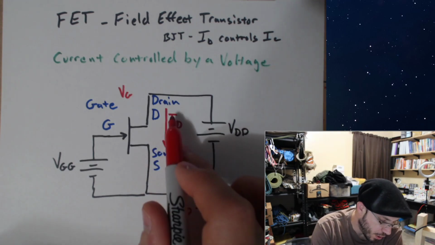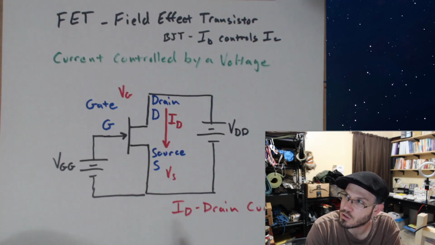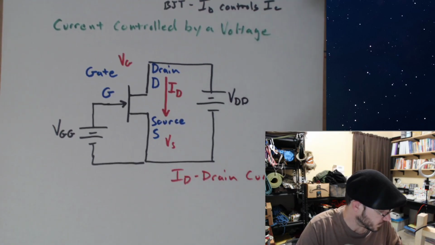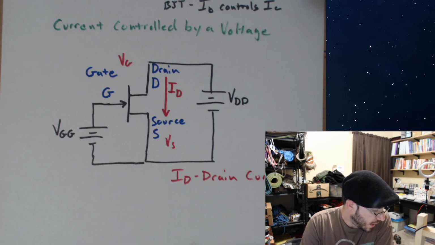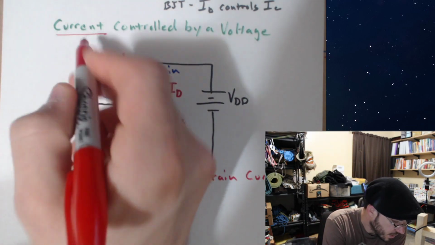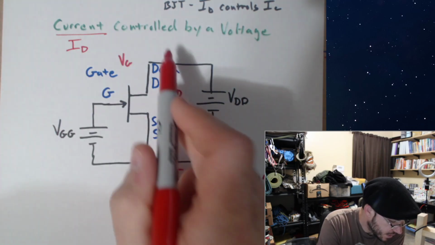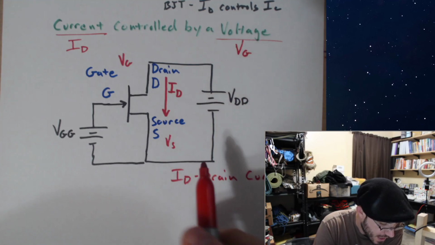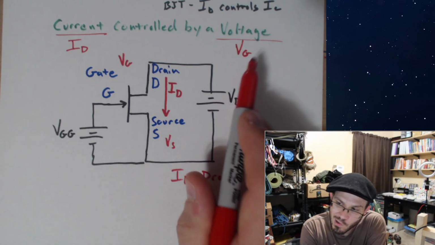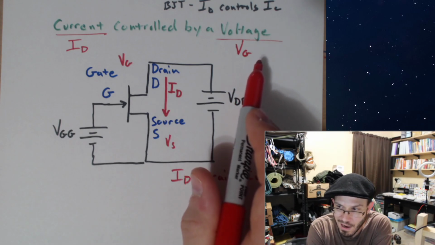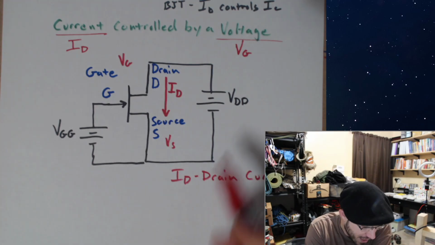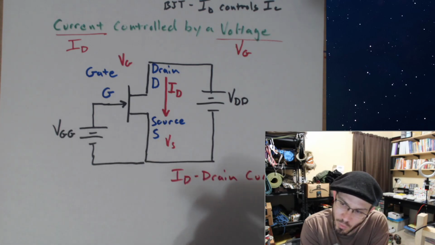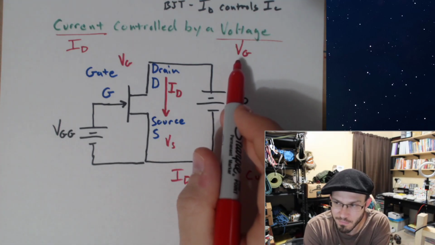The current is always going to flow from the drain to the source, and the current ID is going to be controlled by a voltage VG. This actually is going to end up being quite simpler for our analysis. In fact, FETs are going to be much simpler for us because of how we use them and what we typically use them for.